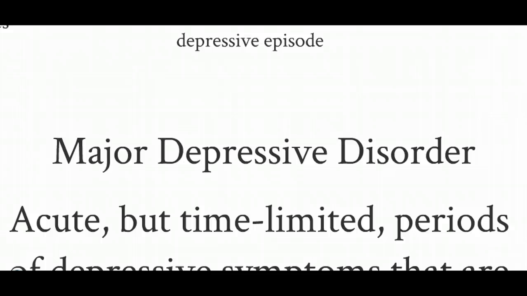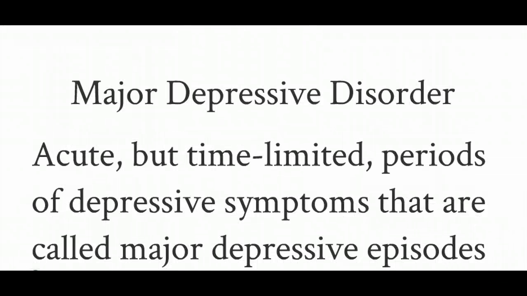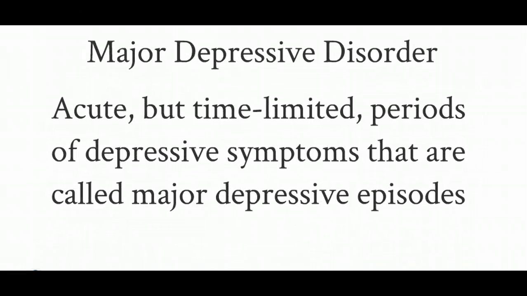So the first mood disorder is major depressive disorder. This is the one that is oftentimes referred to as the common cold in the psychology world. And major depressive disorder is very, very, very common.